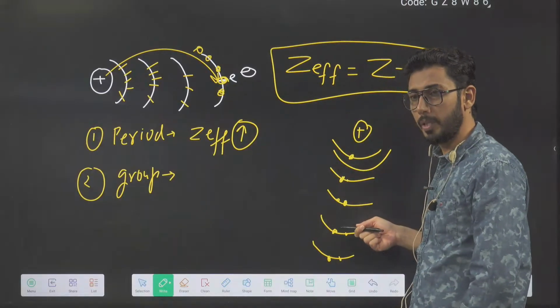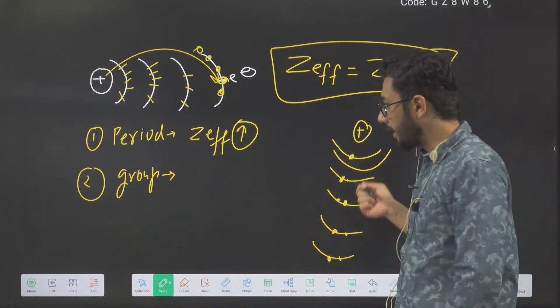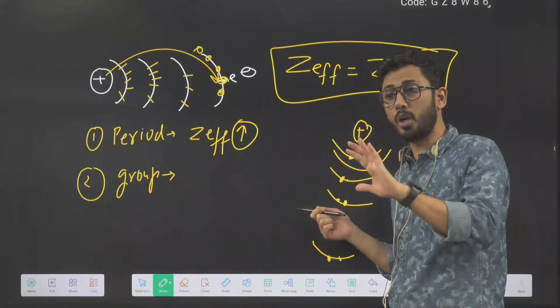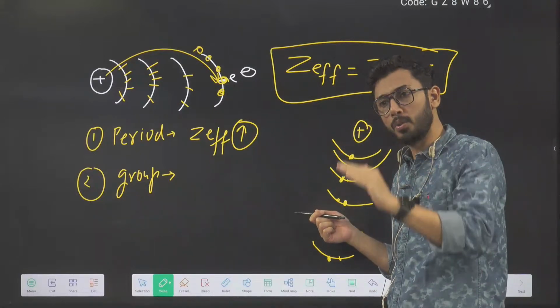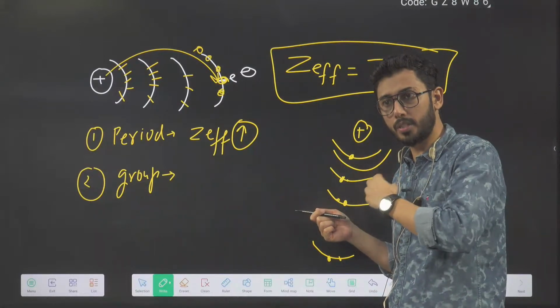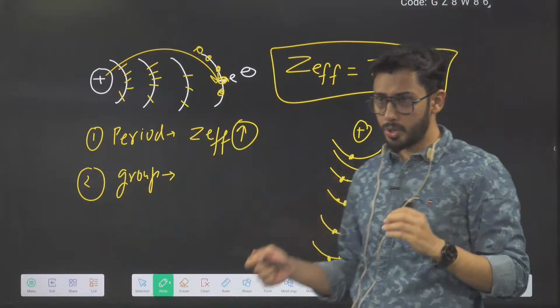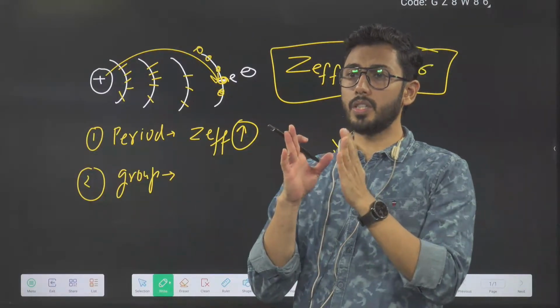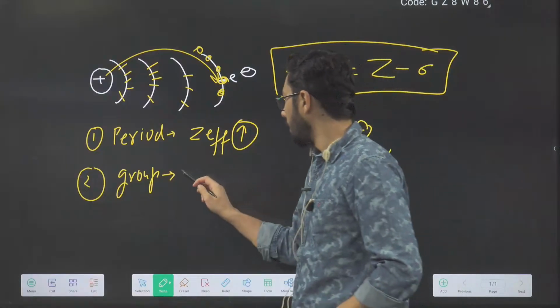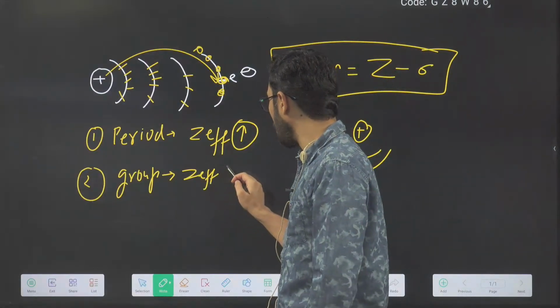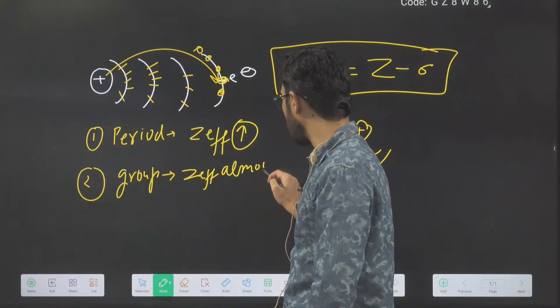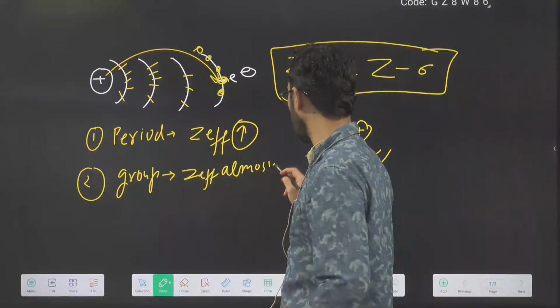More electrons in between means more shielding effect. That is why Z effective is almost constant, because as more shells are added away from the nucleus, there is more shielding. So what is the trend across the group? Z effective is almost constant or has a very slight increase.